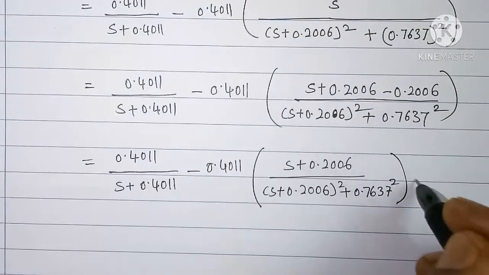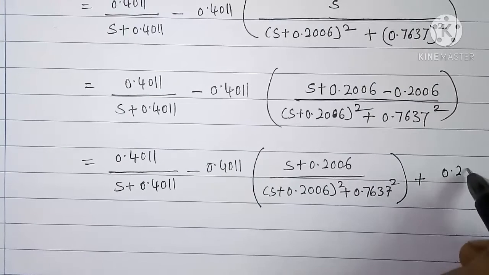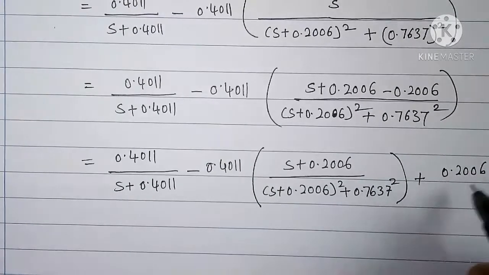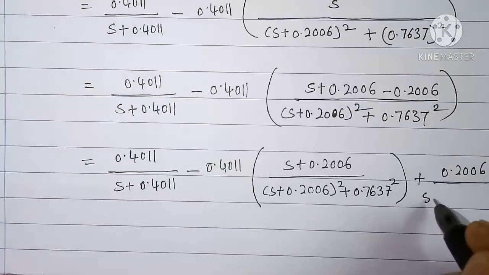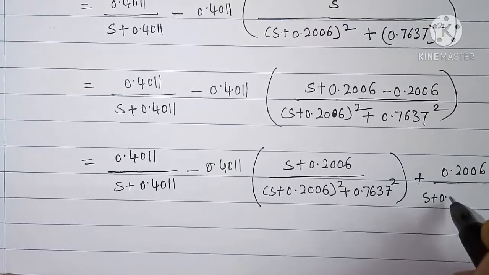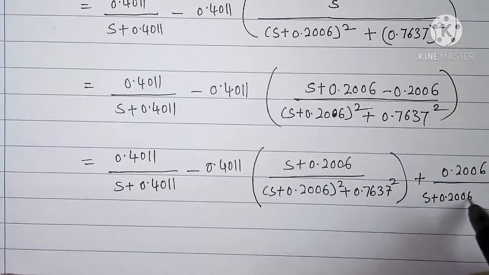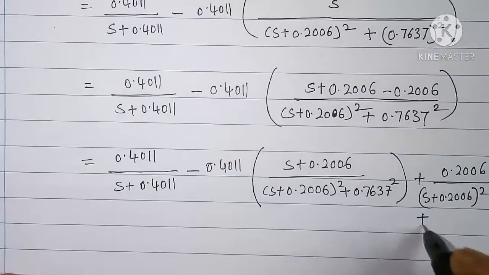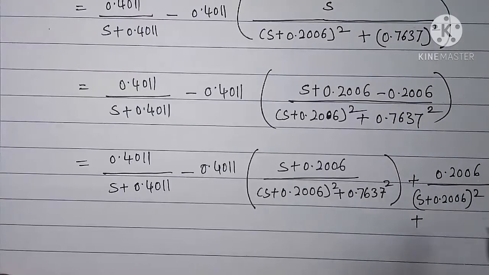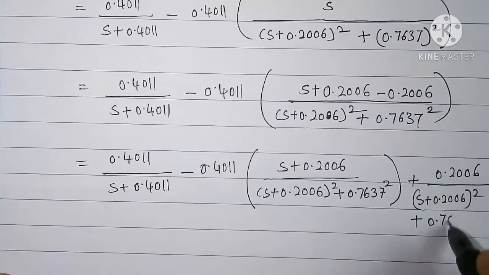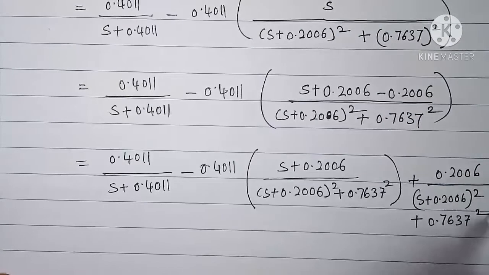Minus into minus will become plus 0.2006 divided by s plus 0.2006 whole square plus 0.7637 whole square.